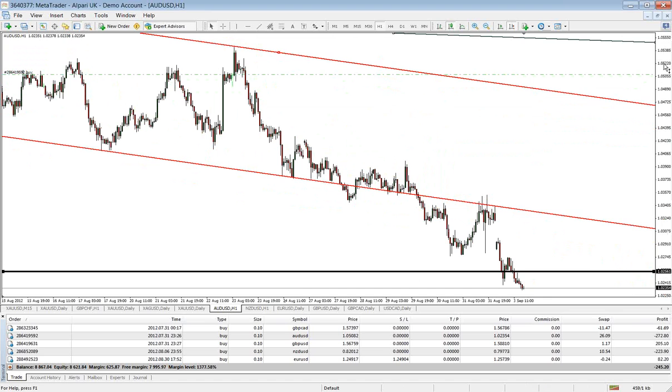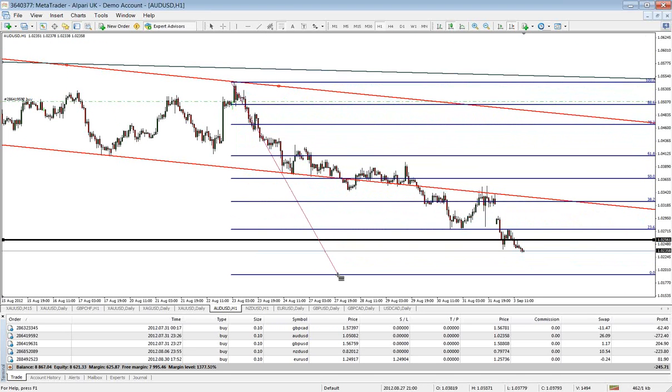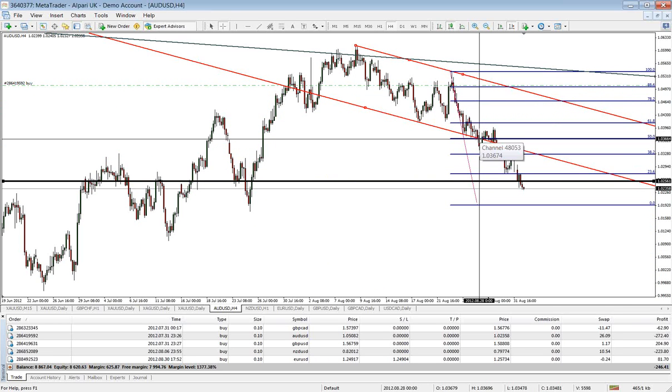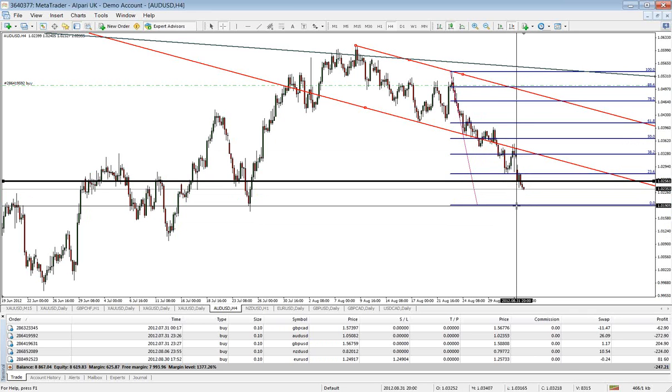We had a breakout. So let's use basically the same method of the breakout. Okay, so we had a breakout here. So this tells us that the target might be lower.